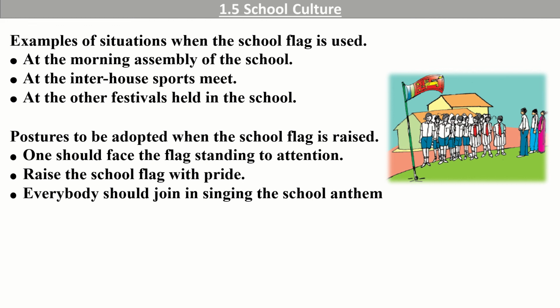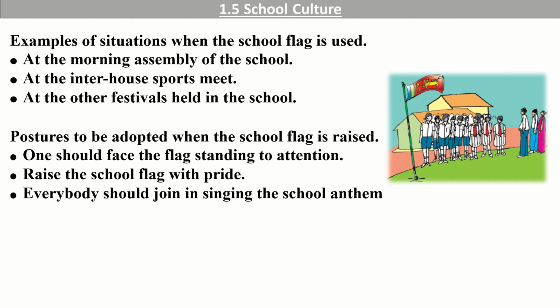At the morning assembly of the school, at the inter-house sports meet, and at other festivals held in the school, especially national festivals. Normally you celebrate the school birthday and hoist your school flag.